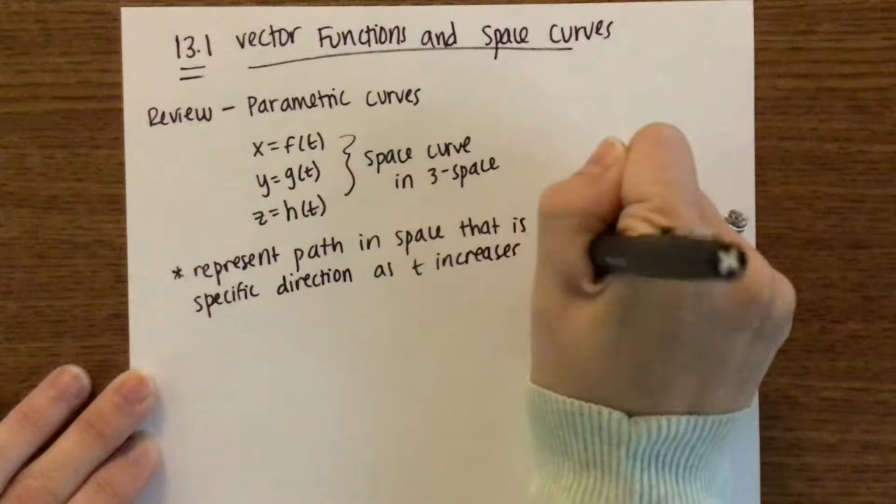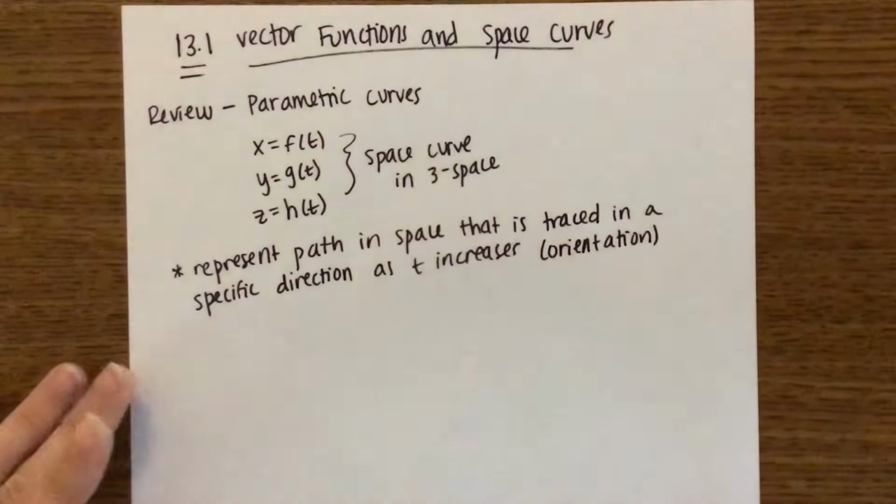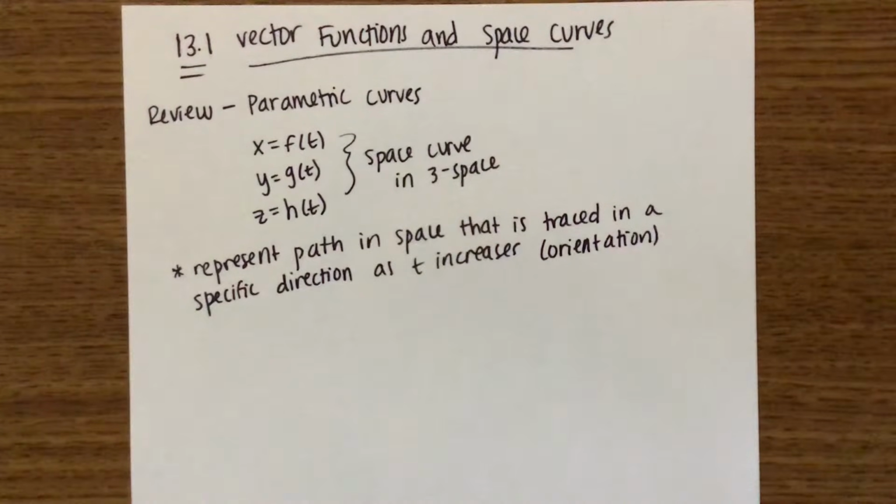That direction is often referred to as the orientation. So we didn't focus too much on that, but as you plugged in your values of t, you got your curve in a specific direction. If you remember talking about the equations of lines, when you chose t values greater than 0, you were going to the right, whereas t values less than 0, we're going to move you to the left on your curve.